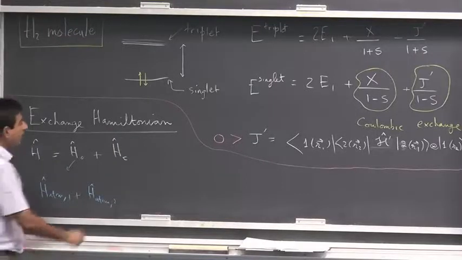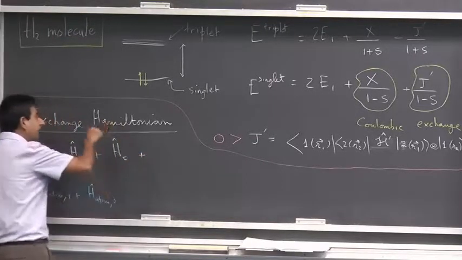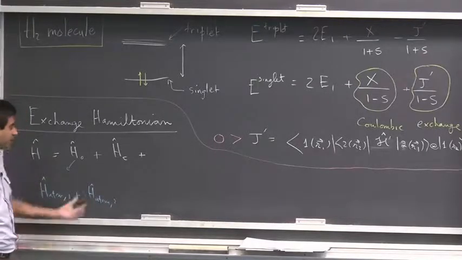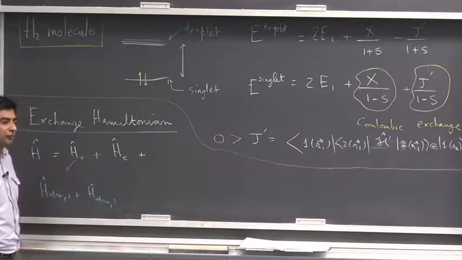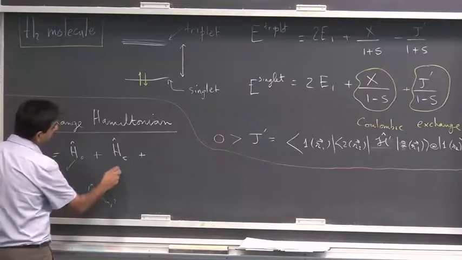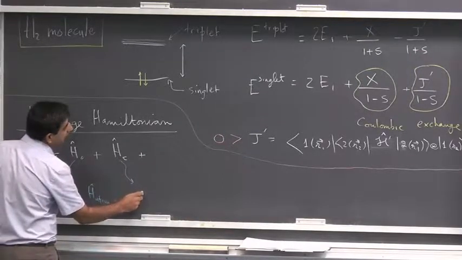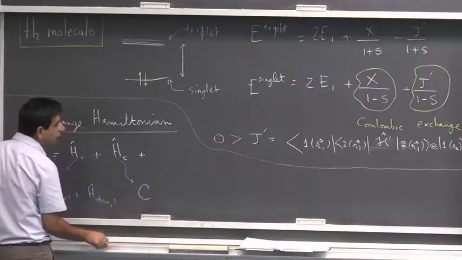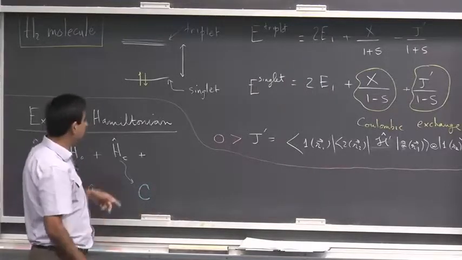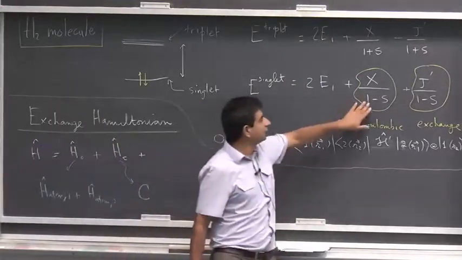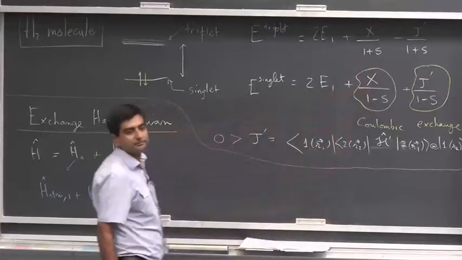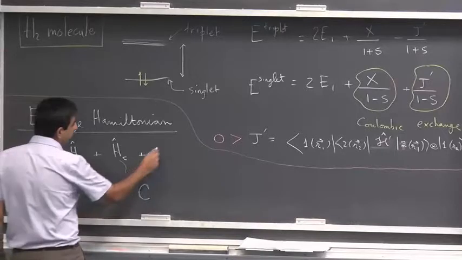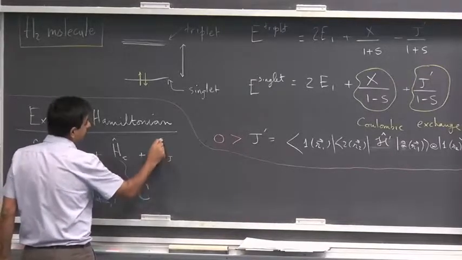What the Heisenberg model suggests is that you include a Coulombic term whose eigenvalues correspond to the Coulombic energies. So there is a Coulombic part, and on top of this Coulombic part, there is an exchange integral, J.